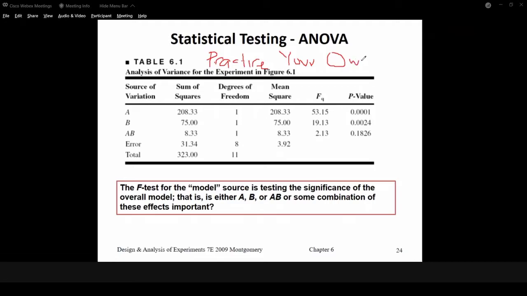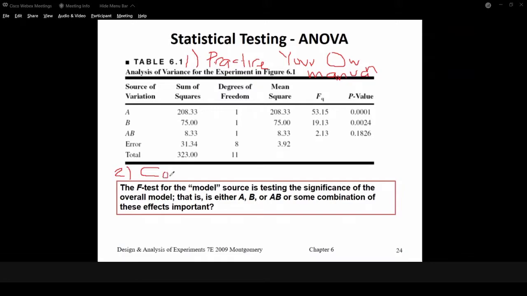Construct this ANOVA table, whether you get the values or not. First, manually, I mean the long method. Do this first, guys.